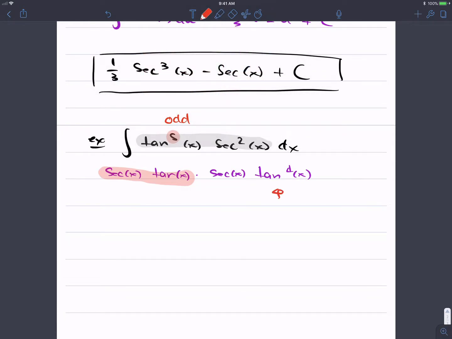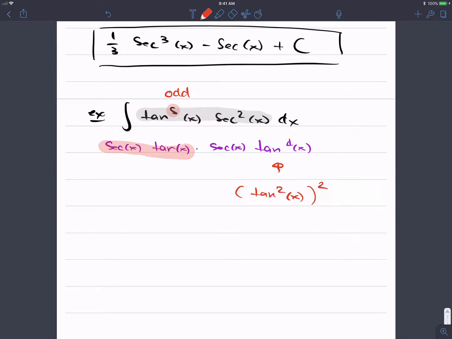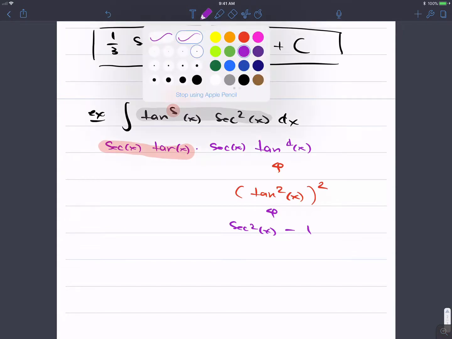So in order to use my Pythagorean identity, I have to write tangent to the fourth as tangent squared, squared, because power 2 raised to power 2 is power 4. What happens now for that tangent squared here, we're going to replace it with what we're supposed to replace it with, and that'll be secant squared minus 1. Okay, so let's look at what we have here.